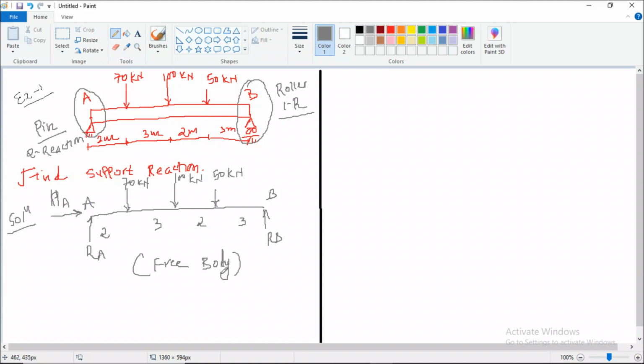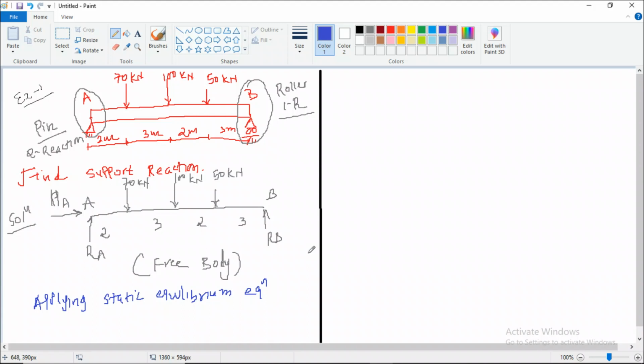Now we need to apply the equations of static equilibrium. So write down, applying static equilibrium equation.